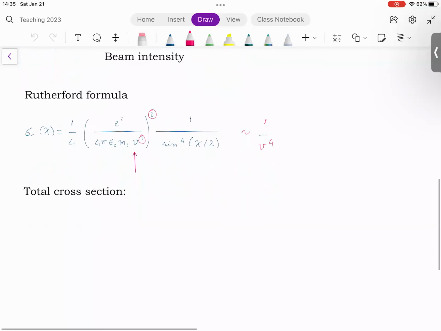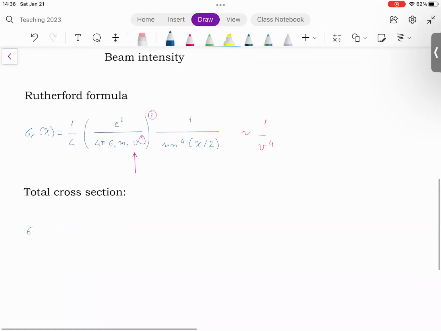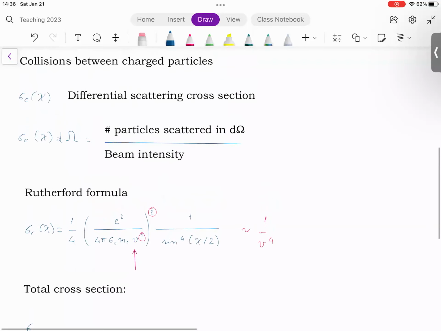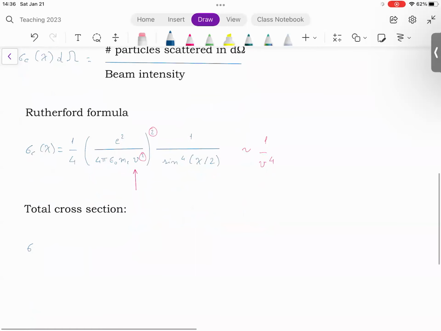Well, we do the total integral, the sum over all the collisions. Since I'm working with, remember, differential scattering cross-section, the sum turns into an integral.